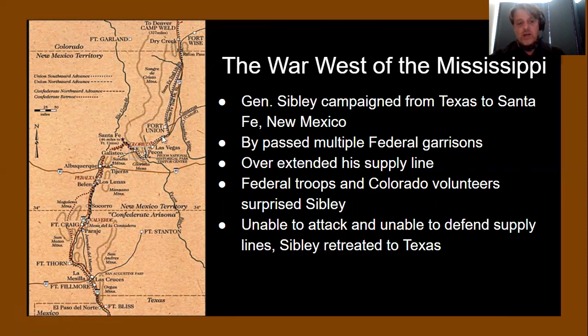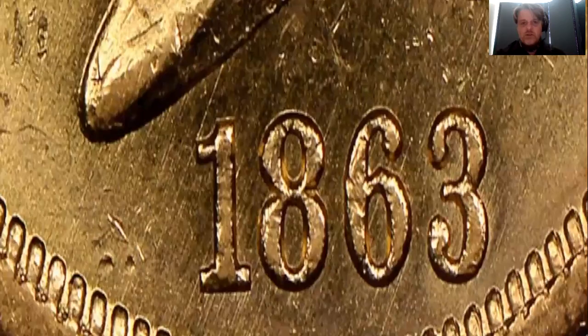He actually didn't fight them. He just went around them. But by the time he got all the way up there, his supply lines were just stretched out. They couldn't supply the troops, so he ended up having to retreat. Sort of a success, but he ended up retreating because he couldn't feed his troops.